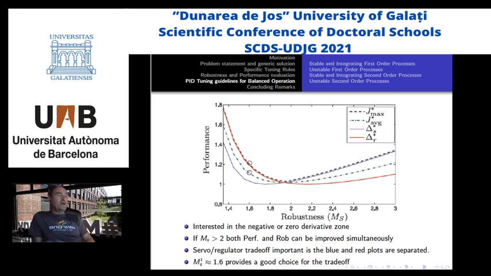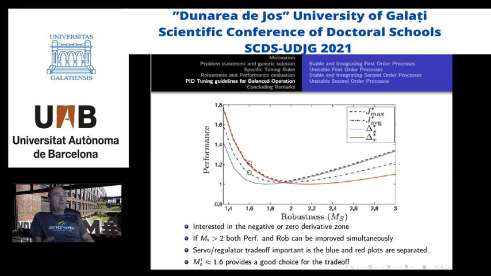Also, you have plotted at the same time the servo and regulation responses, blue and red, and also the J max and J average indexes. As you can see, the average, the dash-dotted line, is always in the middle of both, because it is an average, and the max coincides with the maximum value for every value of robustness, up to the maximum value of 1.